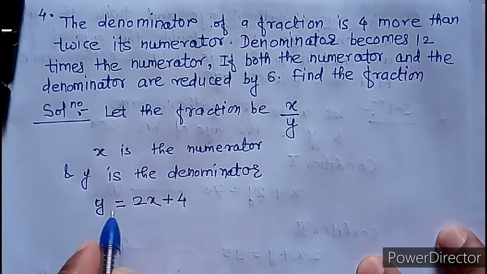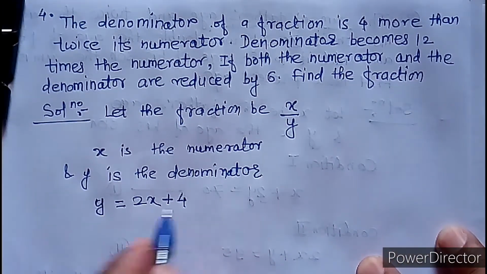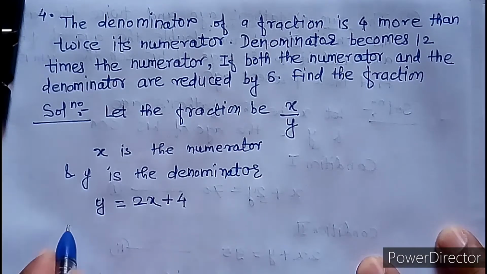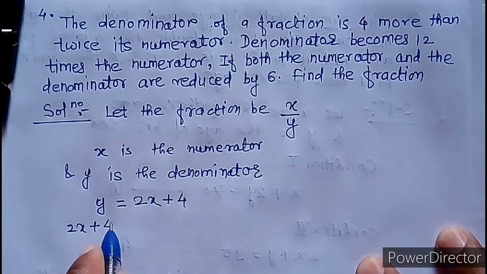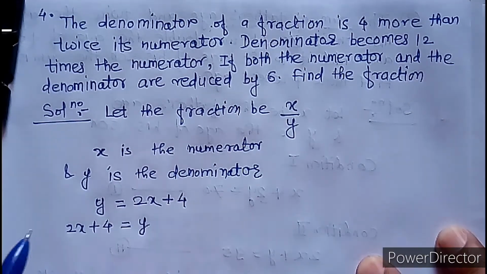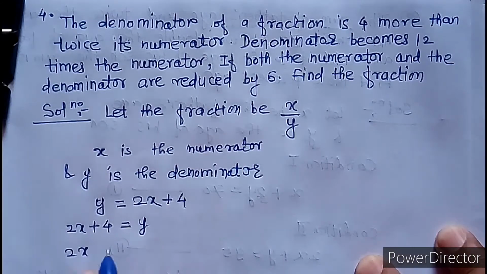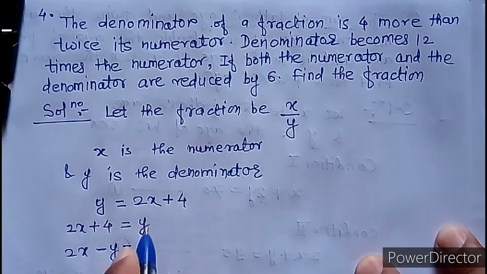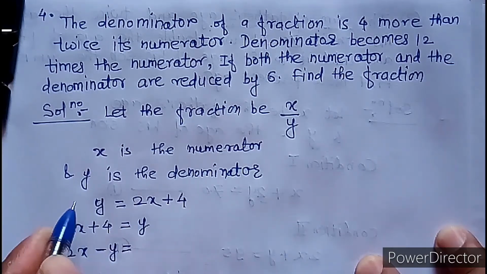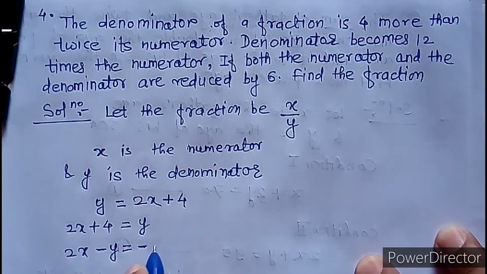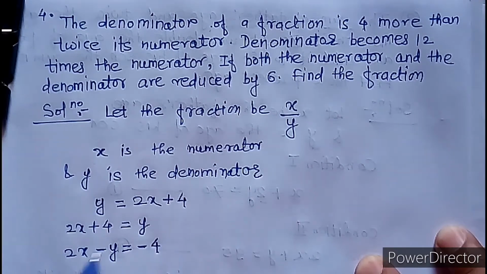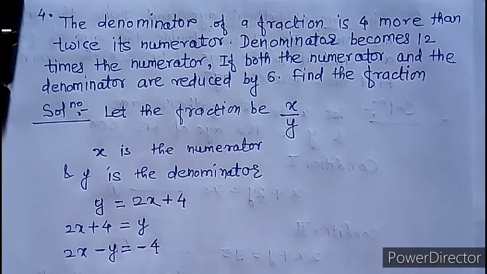We get the equation y equals 2x plus 4. Now we can write it as 2x plus 4 equals y. Changing sides, we can write it as 2x minus y equals minus 4, since y goes to the left side and becomes minus, and 4 becomes minus 4 on the right side.